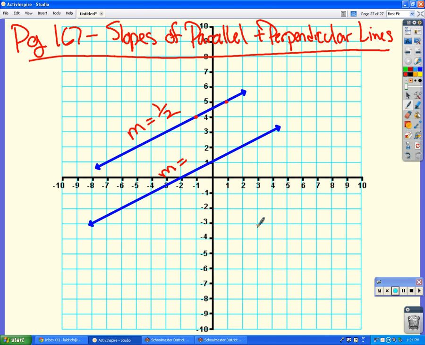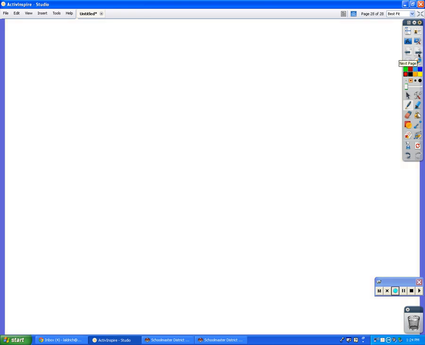Up 1 and over 2. So that one is also 1 over 2. Okay? So what might you conclude would be true about the slopes of parallel lines? They are equal.